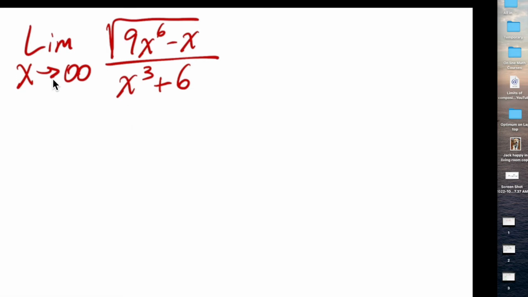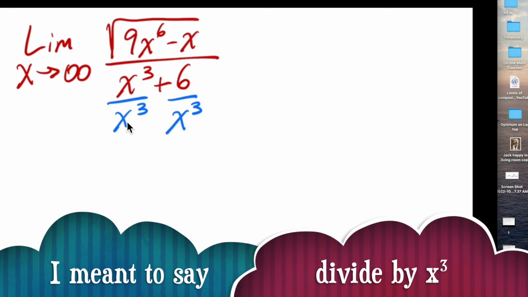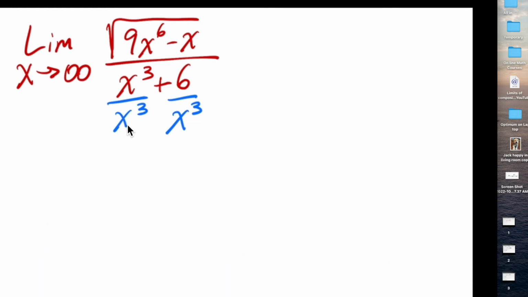So folks, we have this limit with x going to infinity, and this is basically a rational function, but we have introduced the radical. So first we're going to approach this like we do rational functions. And the way we do that, recall, is to divide both the numerator and denominator by the highest exponent in the denominator. So here I'm going to divide everything in the denominator by x to the 3, and in the numerator I'm going to simulate that by multiplying by 1 over x to the 3.